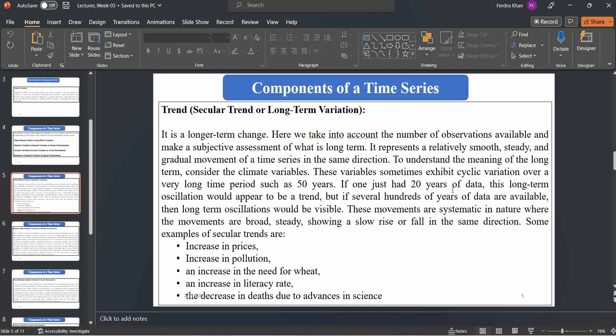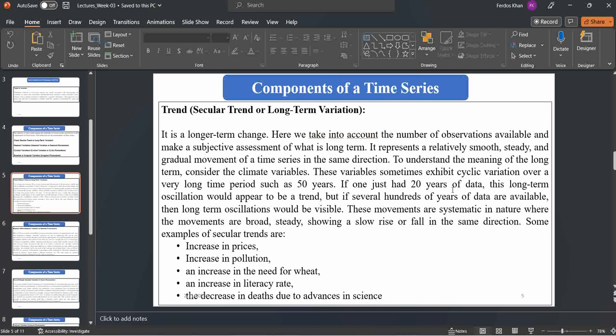These movements are symmetric in nature, whereas trend movements are broad and steady, showing a slow rise or fall in the same direction. Some examples of trends are an increase in price, an increase in pollution, an increase in the need for wheat, an increase in the literacy rate, and the decrease in deaths due to advances in science.